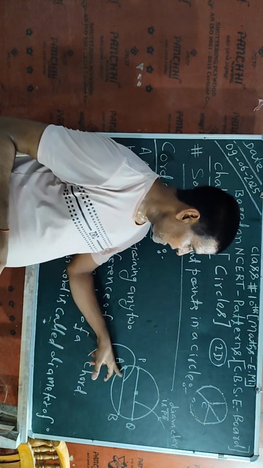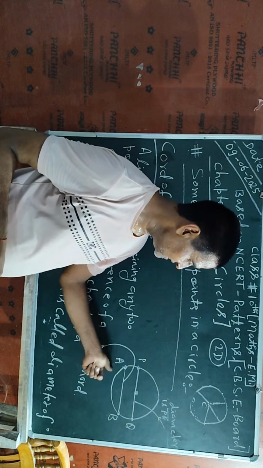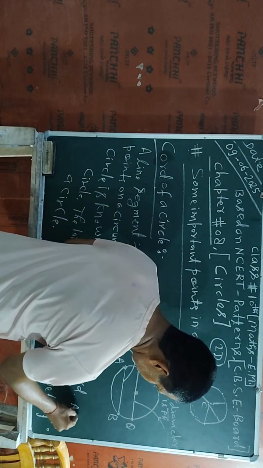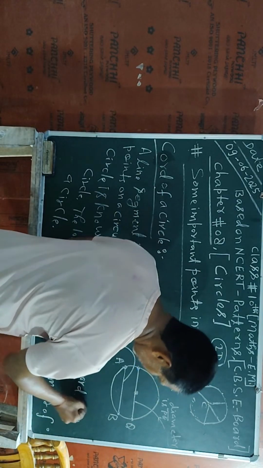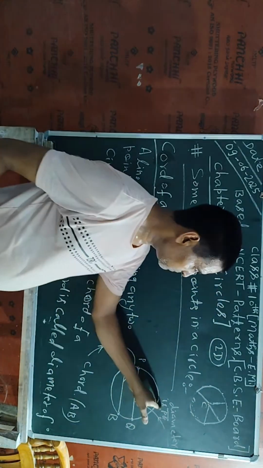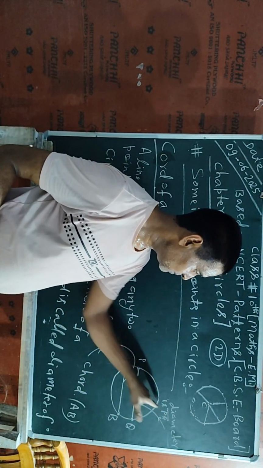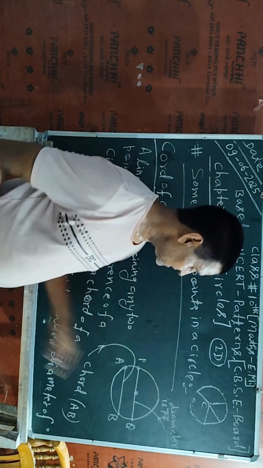And this is the chord. This length is AB, and that chord is also written here. AB is the chord, but PQ is the segment, and that segment is the longest in length.